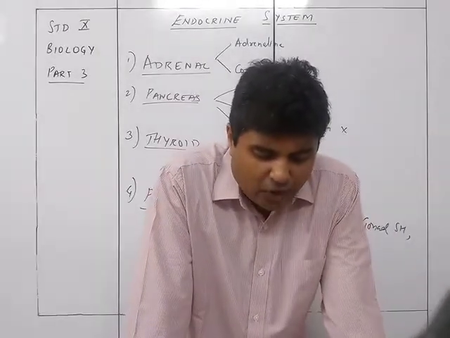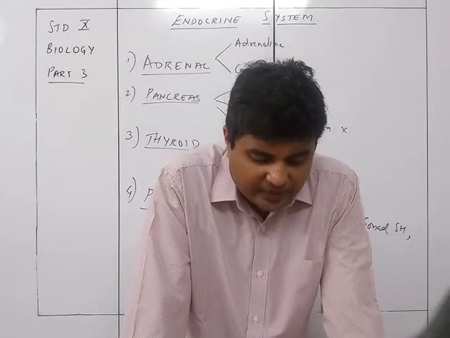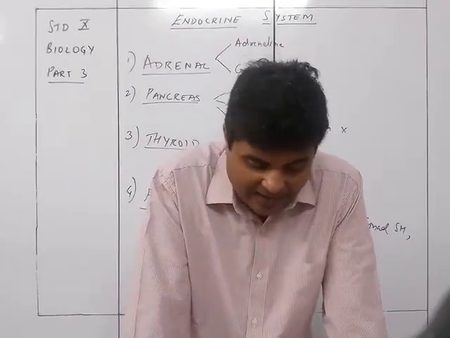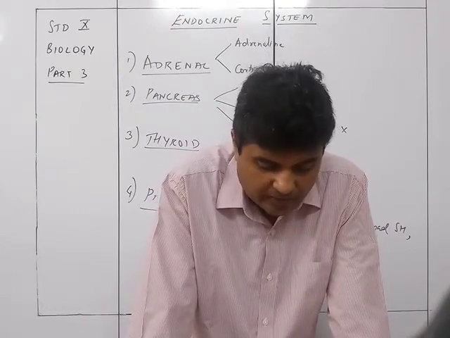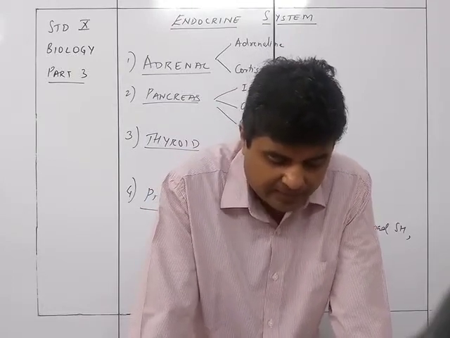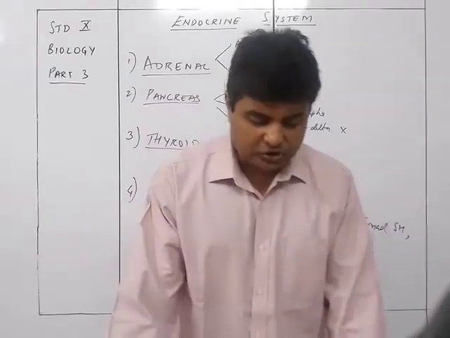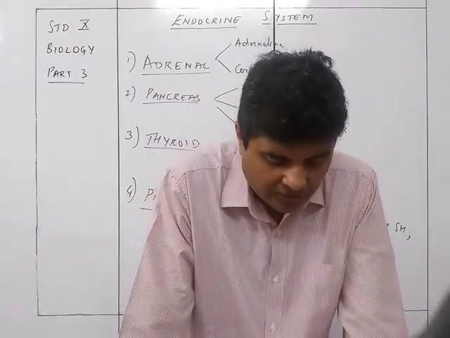The term tropic hormone refers to such hormones which stimulate other endocrine glands to produce their specific hormones, such as gonadotropic hormone secreted by the anterior pituitary, and some also stimulates gonads to produce certain hormones.